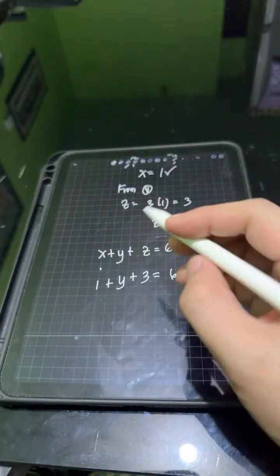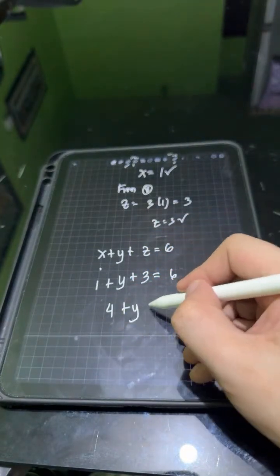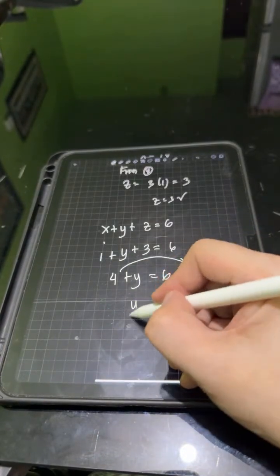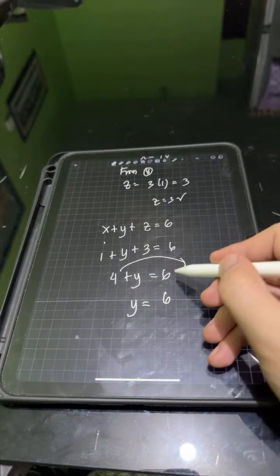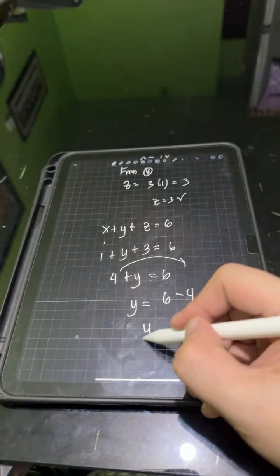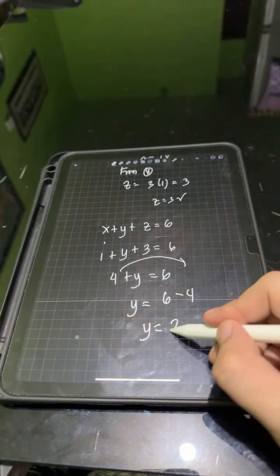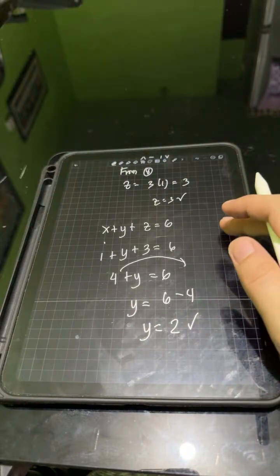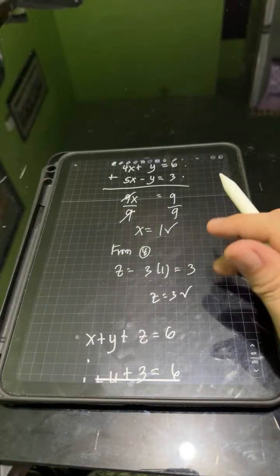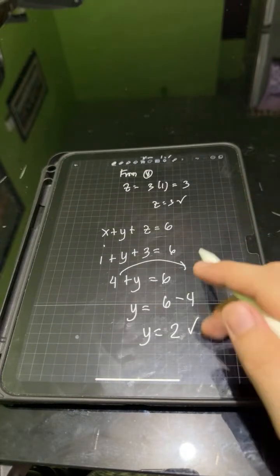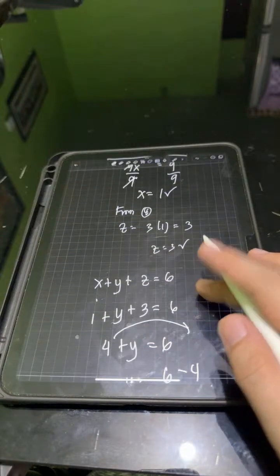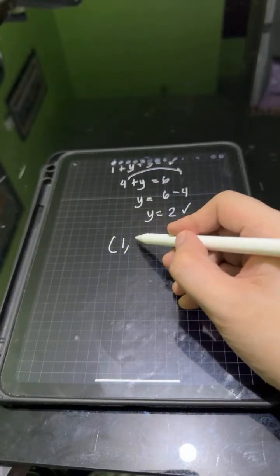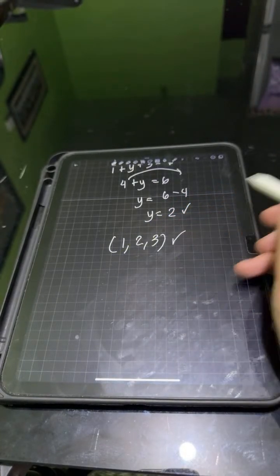So 1 plus 3 is 4, plus y equals 6. Transpose this 4 to the right side. y is equal to 6 minus 4, or y is equal to 2. Therefore, the solution for the system of equations is x equal to 1, y equal to 2, and z equal to 3, or the coordinate (1, 2, 3).